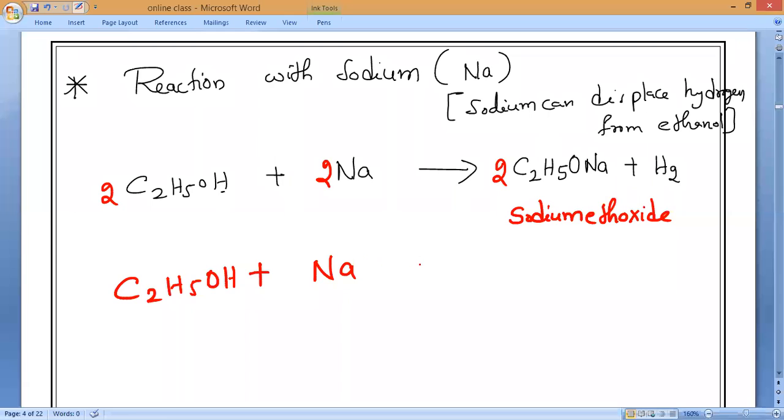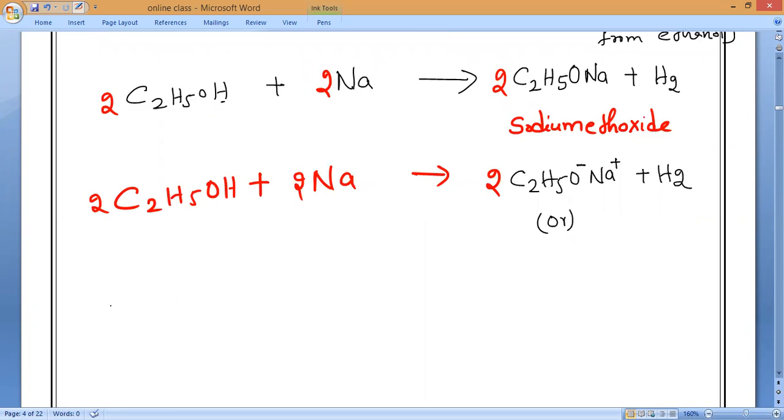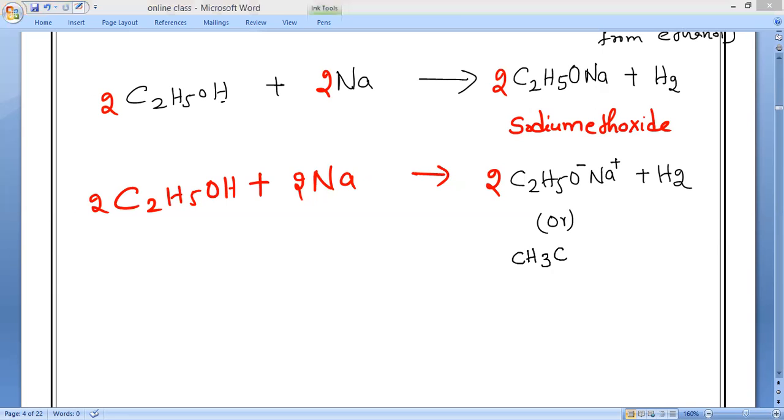Now it gives 2 C2H5O minus, and sodium plus, plus hydrogen. This is one way. Now, if you take NCERT, they write this in the form of structure. So we can draw it. What structure will come? CH3.